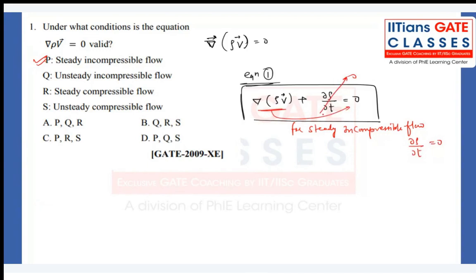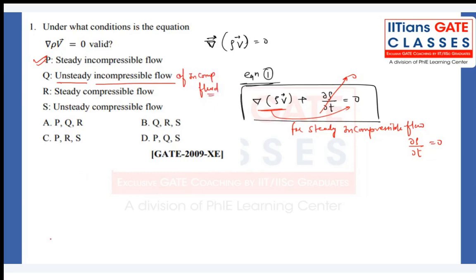What about the second statement? It is valid for unsteady and incompressible flow. Check it out, whether it is valid for unsteady and incompressible flow. In this particular question, they want to say incompressible flow of incompressible fluid.